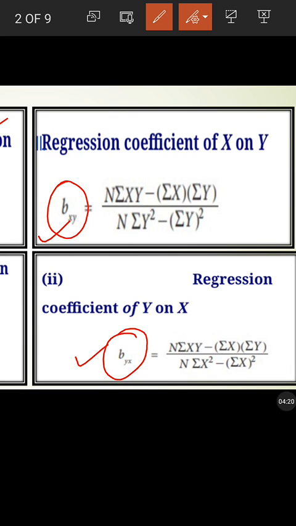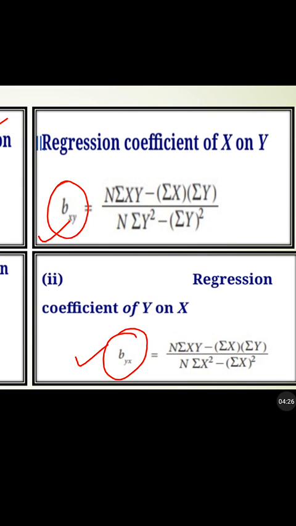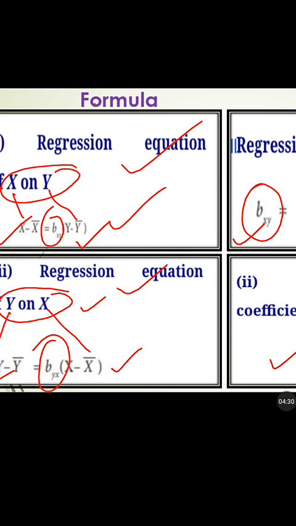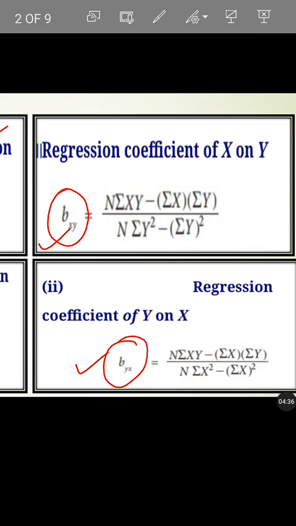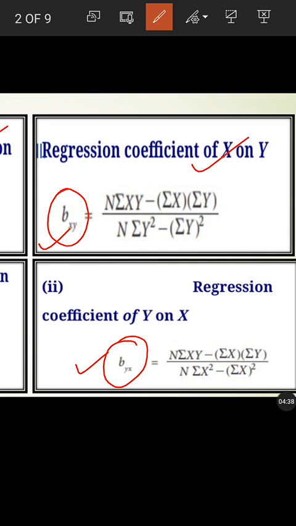The main formula is the regression equation, and within that regression equation we have to calculate the regression coefficient. Here the coefficient is bxy. So we are going to calculate regression coefficient of x on y and regression coefficient of y on x. We have a separate formula for this.